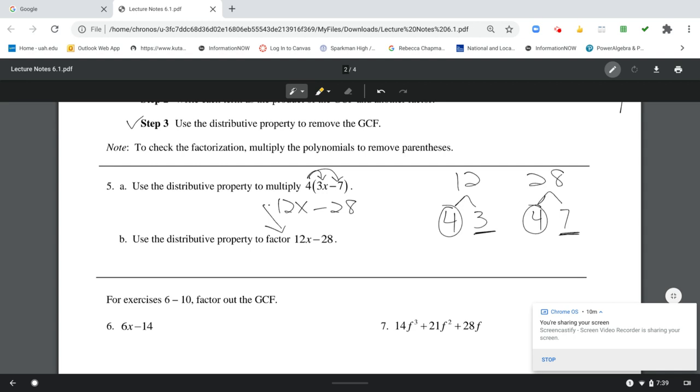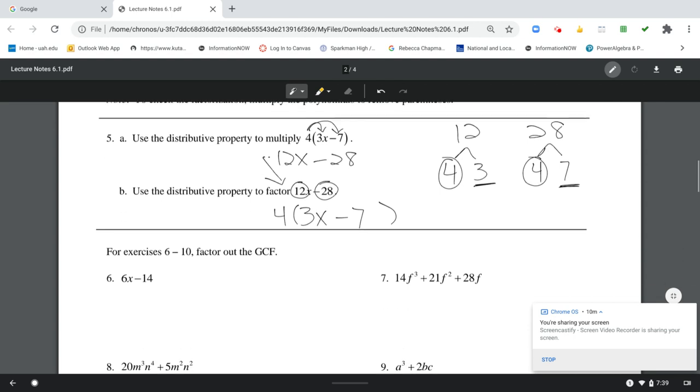If you know that there is a number that you can divide 12 and 28 by, like 4, you can use that instead because you're showing that they have a 4 in common. So we're going to take out the 4, and your thought process should be 12 divided by 4 is 3, bring along the x, and 28 divided by 4 is going to be negative 7. So you're going to go backwards, and I'll go through those steps every single time I do this.